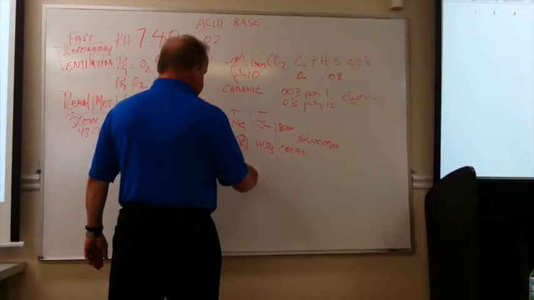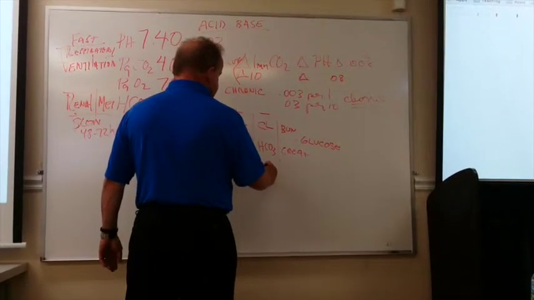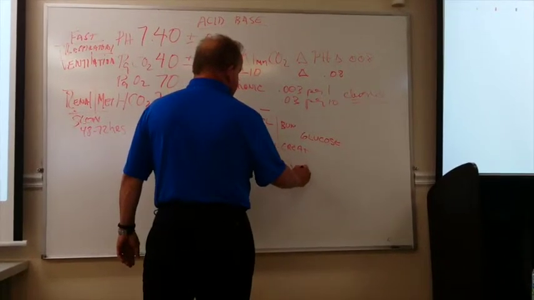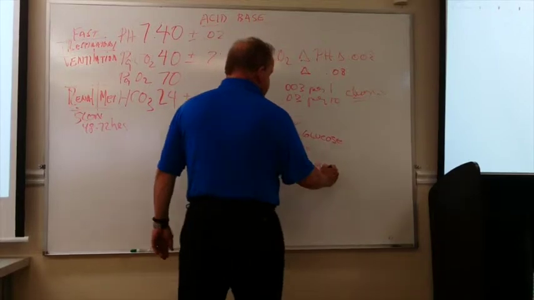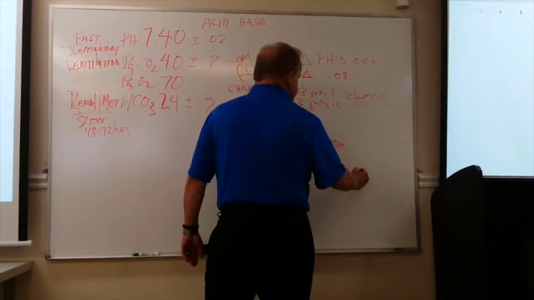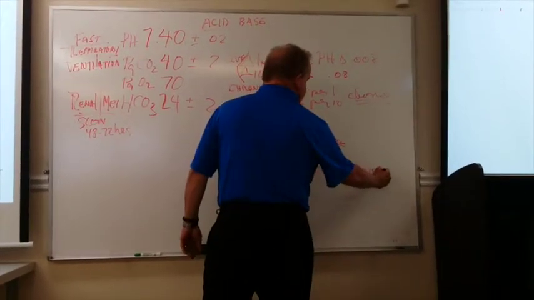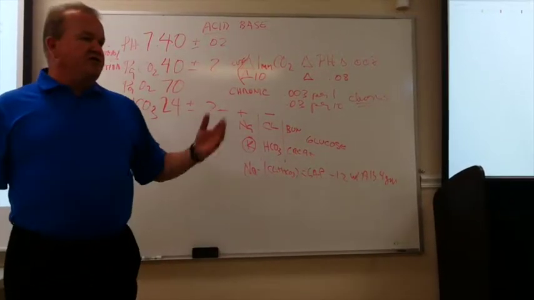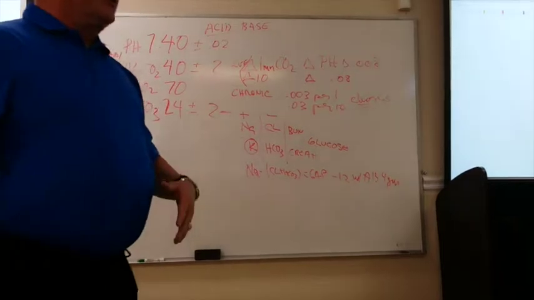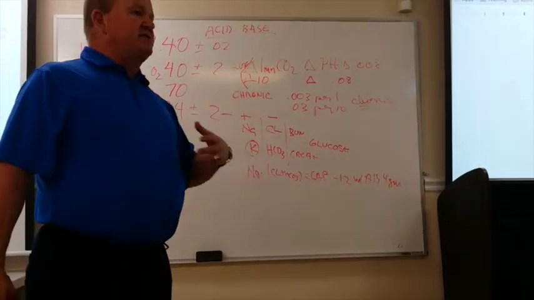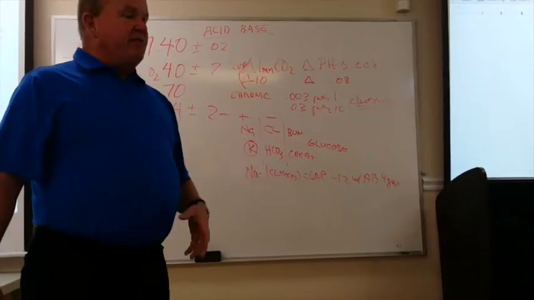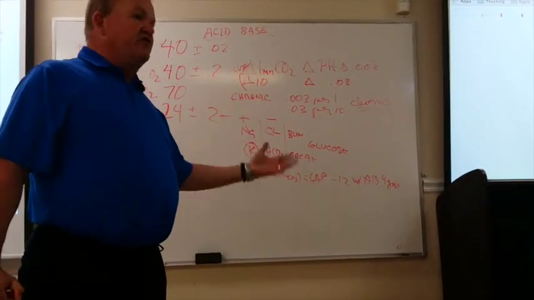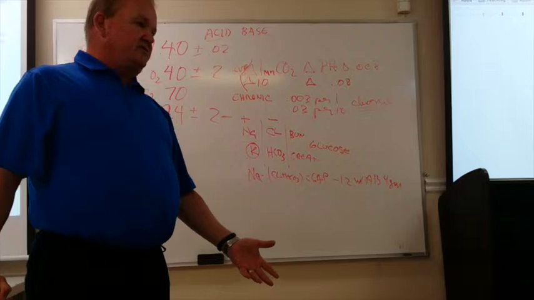Sodium minus chloride plus bicarb equals your gap, which is 12 with an albumin of 4 grams. Every decrease of 1 gram from 4, you decrease the gap by 3. So if they don't give you the albumin, it is expected to be 4. If they give you an albumin of 2, the gap is 6. So they're going to give you a guy with a gap of 9, so there is a positive gap acidosis.